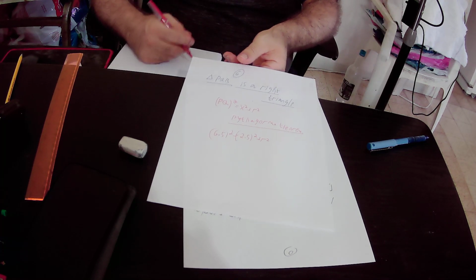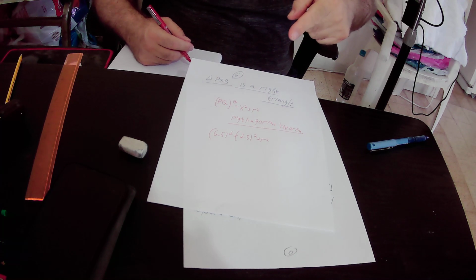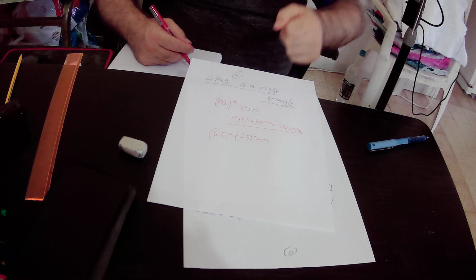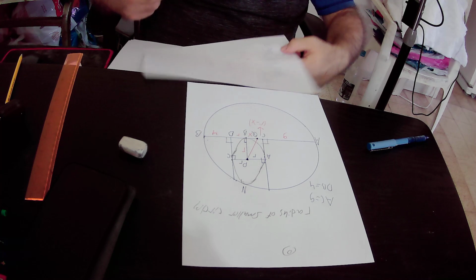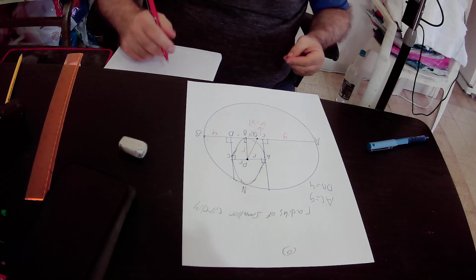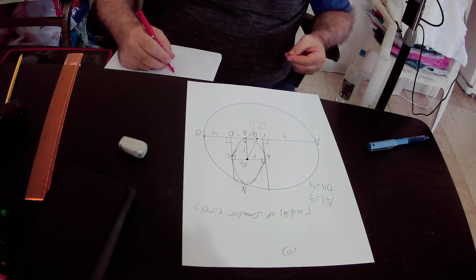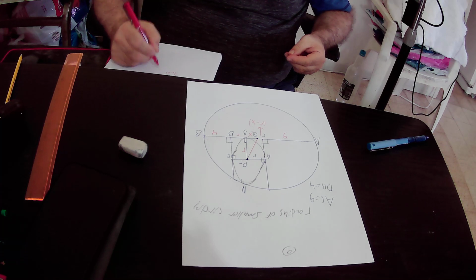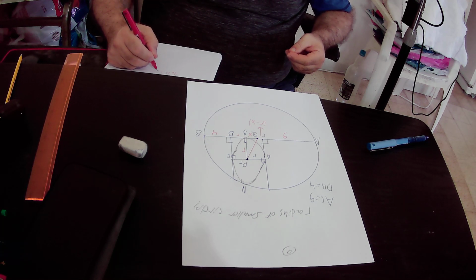We substituted PQ by 6.5 and x by 2.5. 6.5 squared is 42.25 and 2.5 squared is 6.25 plus r squared.